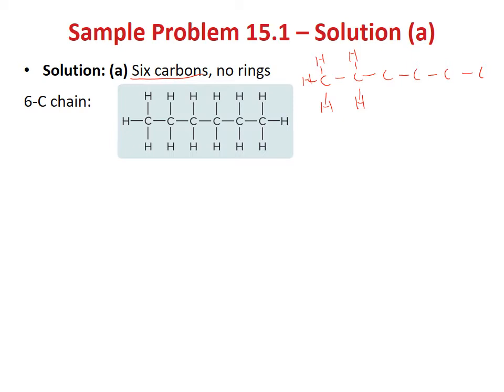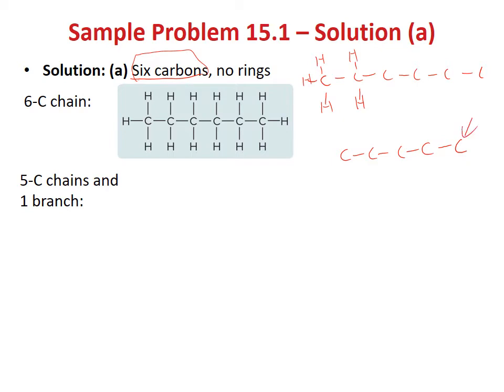Next, we draw 5 carbon. We reduce 6 to 5, but because the total is 6 carbons, we need to add 1 more as a branch. So first, let's draw the skeleton, 1, 2, 3, 4, 5. Now, can we add the extra carbon to the end?